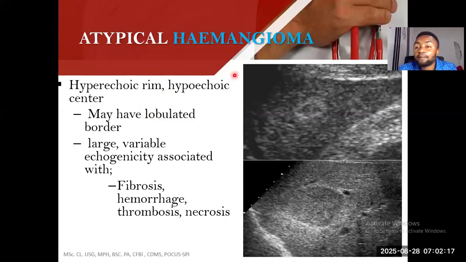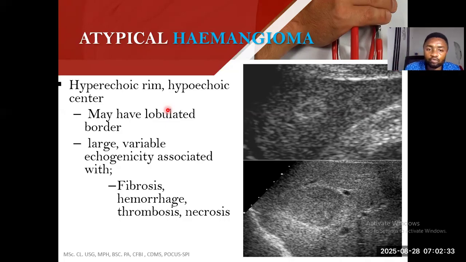So atypical hemangioma presents with hyperechoic borders but hypoechoic center. So the borders will be white, but the inside will be dark. That is atypical hemangioma.